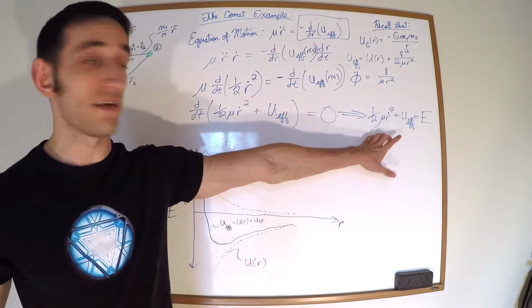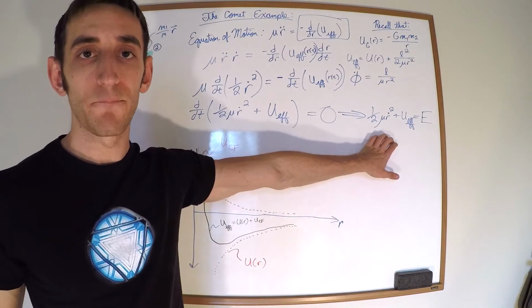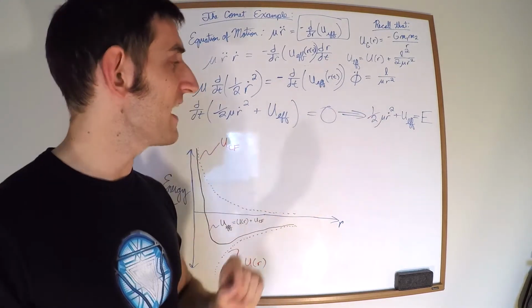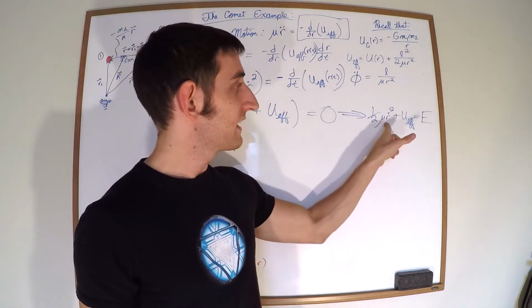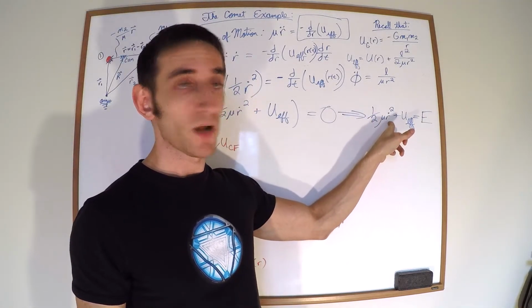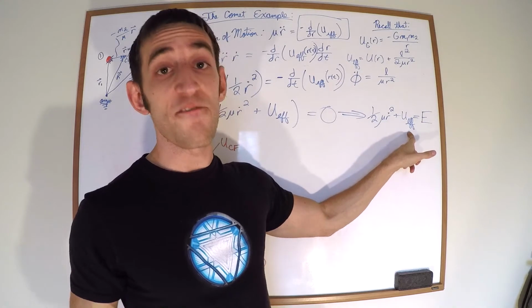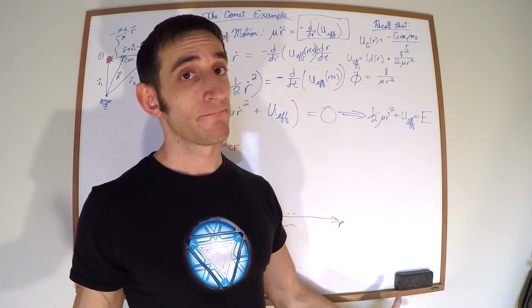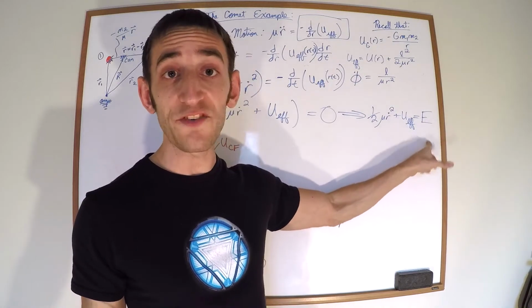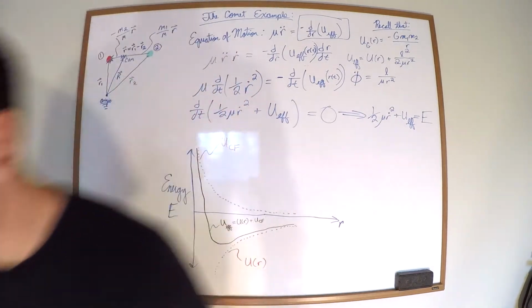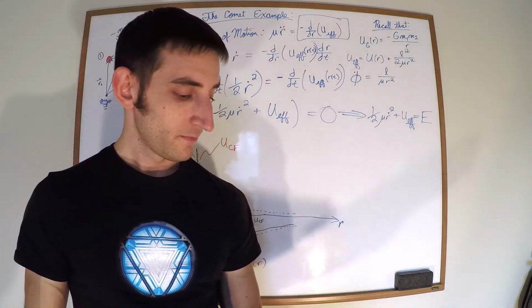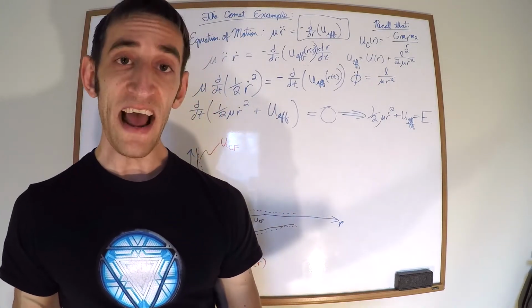Because when I look at this, what do I see? What is this telling me? What is it conveying? This is saying that the kinetic energy of our comet plus its effective potential energy is constant. That's the total energy E. That's the total energy of the system. Okay? That's what we found.